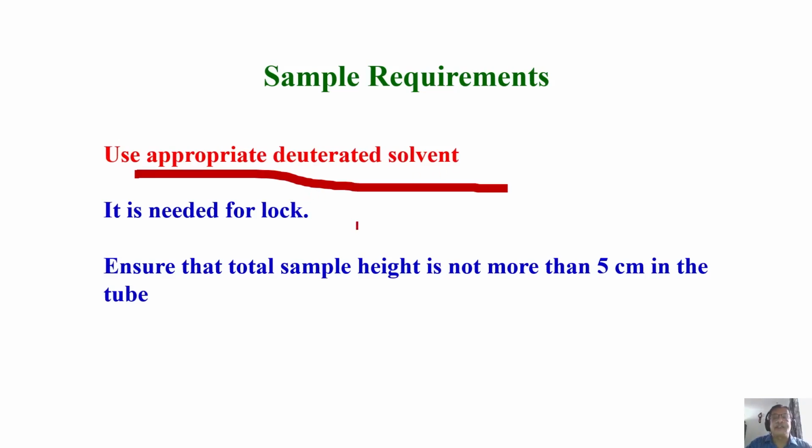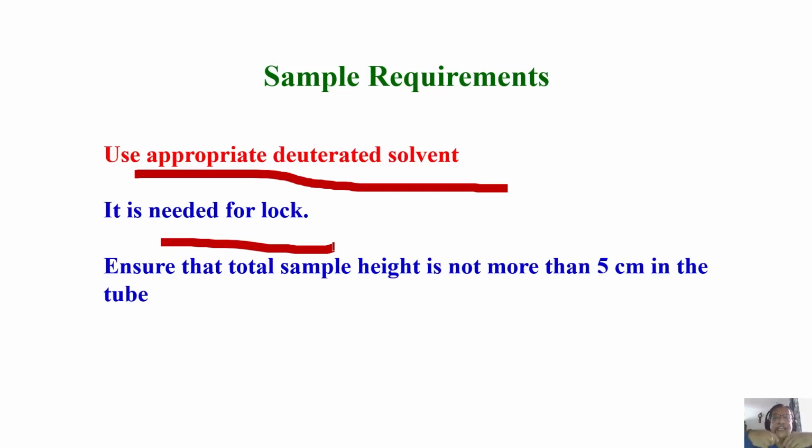Why do I require deuterated solvents? It is because I have to use the lock. The lock is something which I am going to tell you in the next couple of slides. It is to ensure that the field is not drifting. You know what happens if the field starts drifting? Every time you send one pulse, the nuclear spins see one magnetic field.